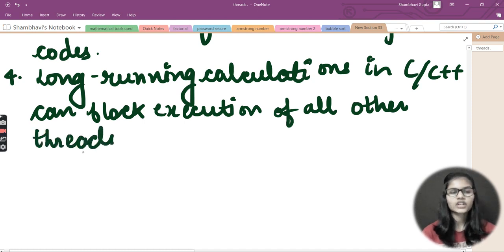So this is another thing which comes here, that long running calculations in C and C++ can block the execution of all other threads, right?